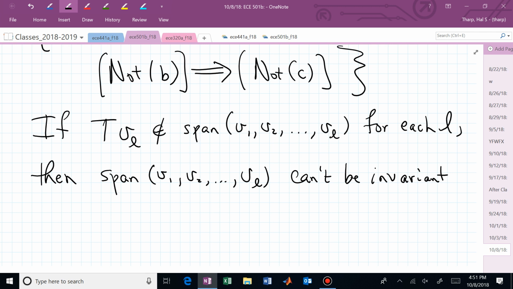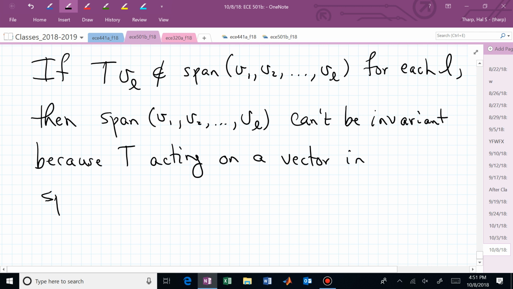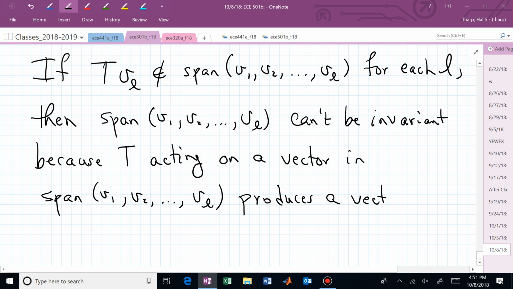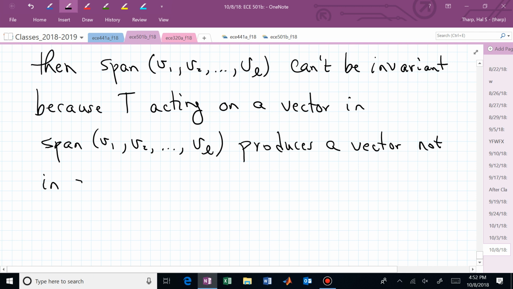So this span can't be invariant because T acting on a vector in that span of V1 through V sub L produces a vector not in that span.